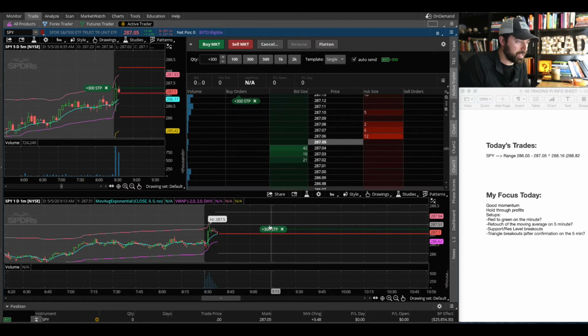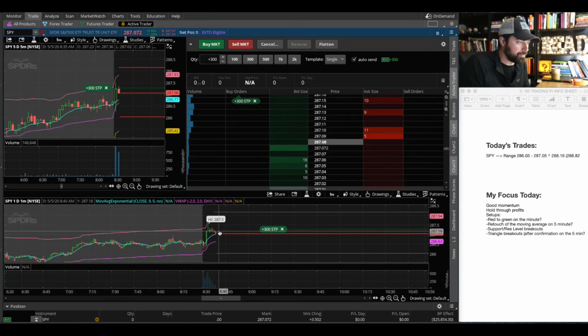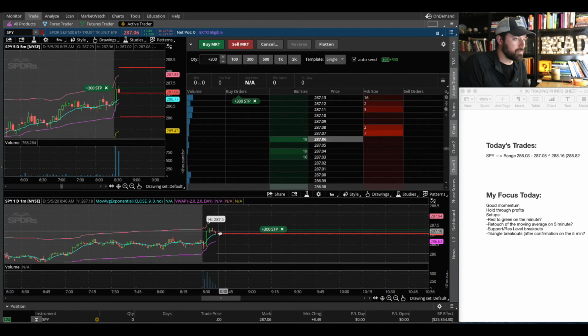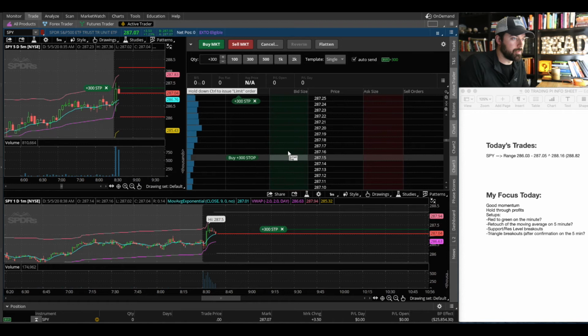But right now we're at that support resistance level, 287.05, pretty close to it. And I'm actually going to bring my order down from 287.27 to 287.17.